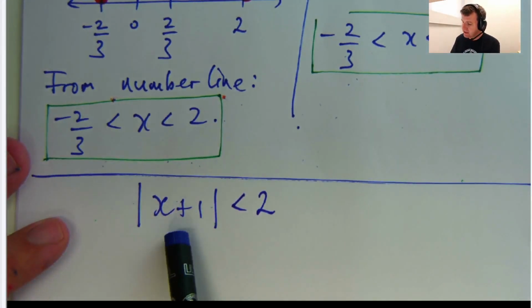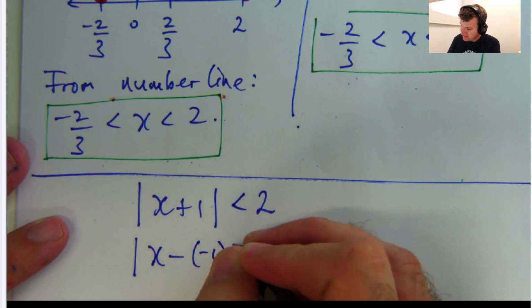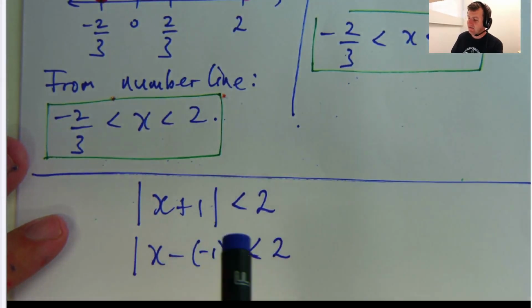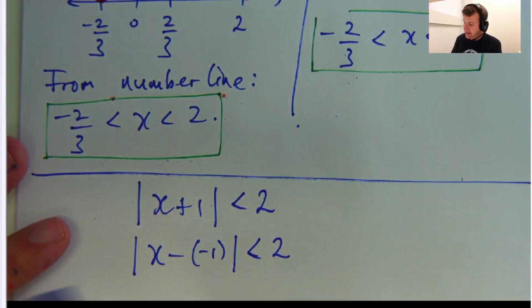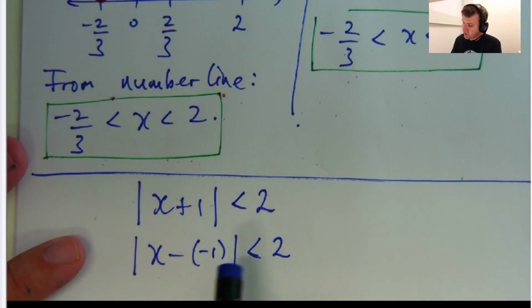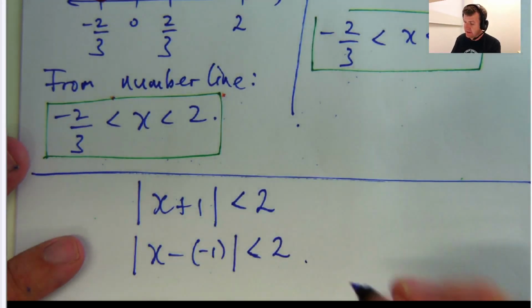Well, I've got a plus sign here, but I can still think of it as distance by writing the +1 as negative 1. So this is all those x points that are less than 2 units away from the point -1. That's how to interpret that.